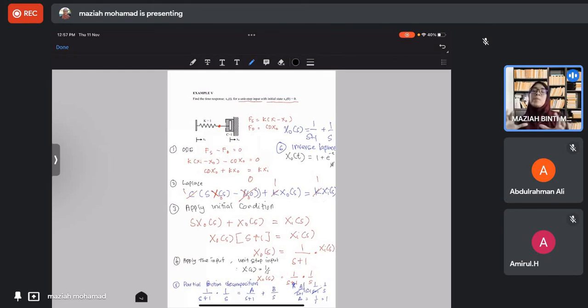So ada beberapa step yang basically in mathematics you need to be familiar with, so that you'll be able to solve for the function. Basically that is pure mathematics. It's not related to control, but in order to solve a control application, we need to have that skill.